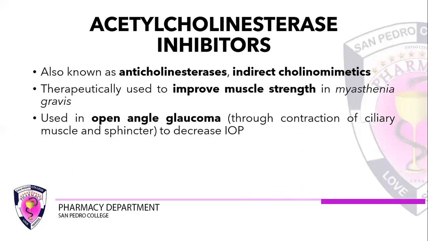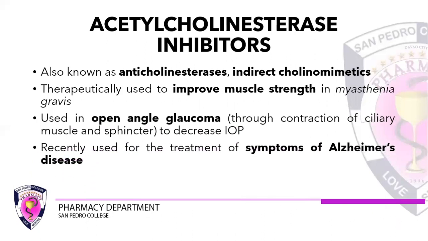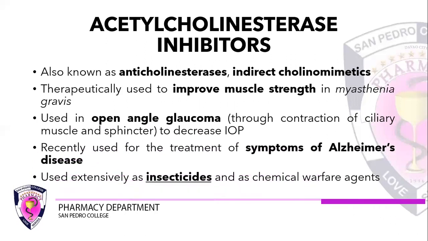All right. Now, other names of acetylcholinesterase inhibitors are anticholinesterases or indirect cholinomimetics. Now, these are the indications of acetylcholinesterase inhibitors. They are therapeutically used to improve muscle strength in myasthenia gravis.